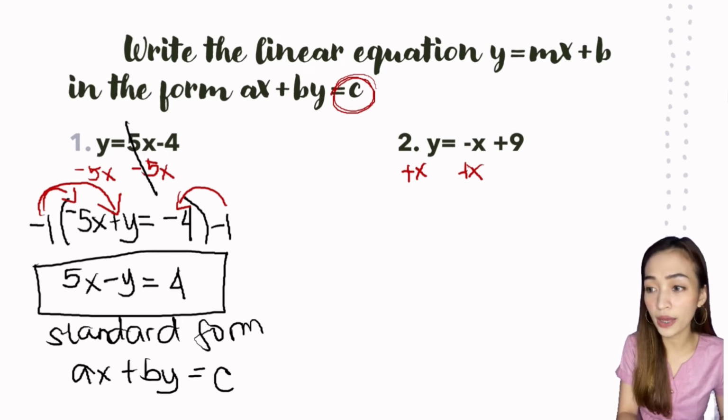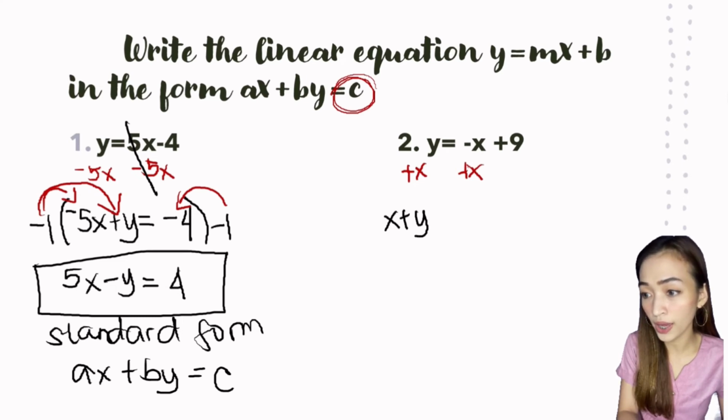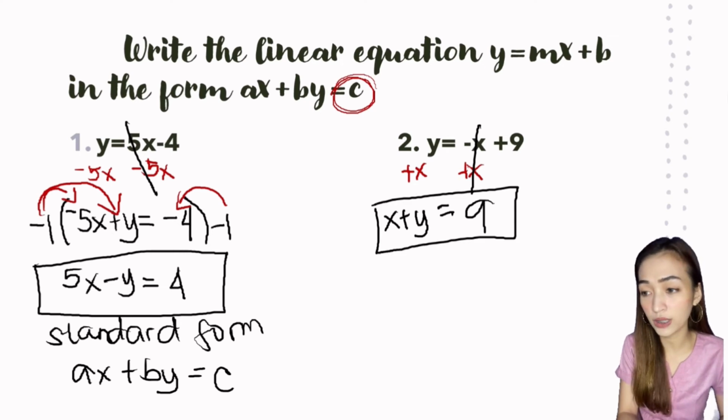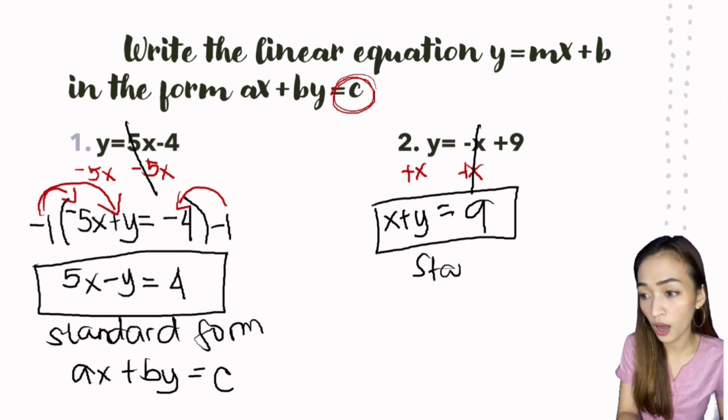So, positive x plus y is x plus y equals, so negative x plus positive x is 0. We have here 9. Since x is positive, now we have the standard form of our equation.